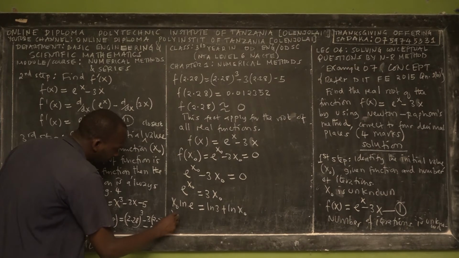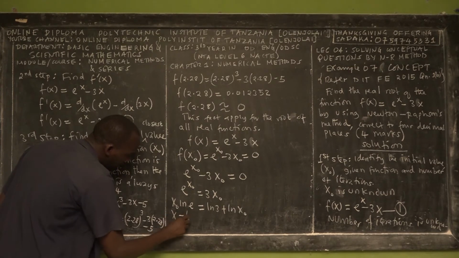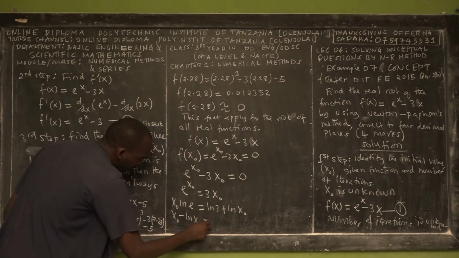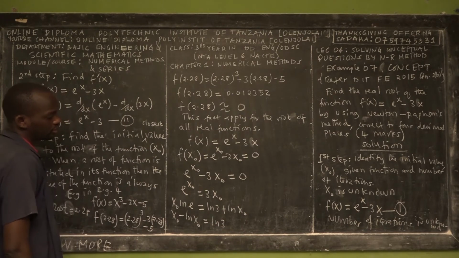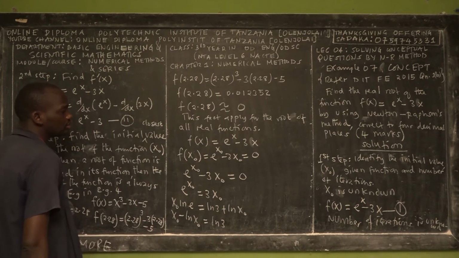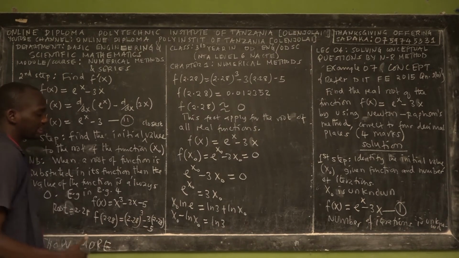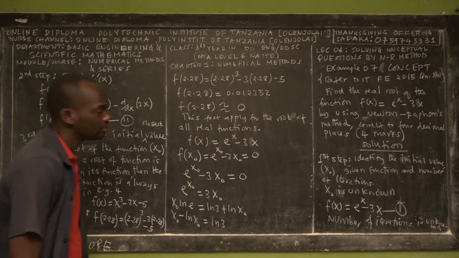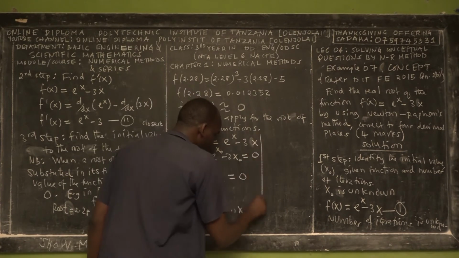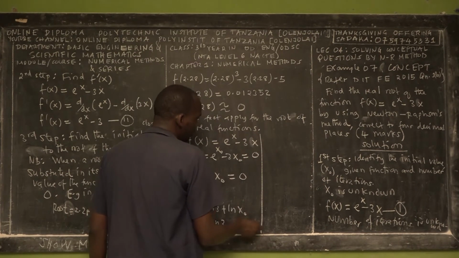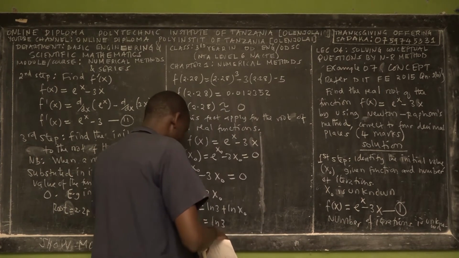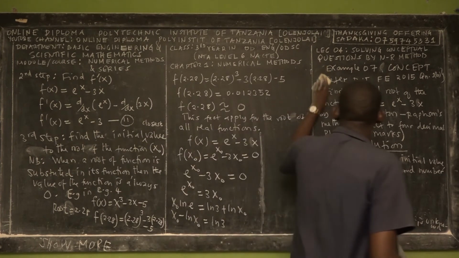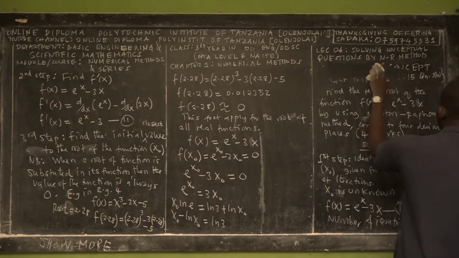So you'll find that x naught minus ln of x naught is equal to ln of 3. So it's a little bit challenging. How can you find x naught? Because of this challenge, that's why we need the Newton-Raphson method. Alternatively, we as mathematicians always have to think about an alternative method of solving a problem.